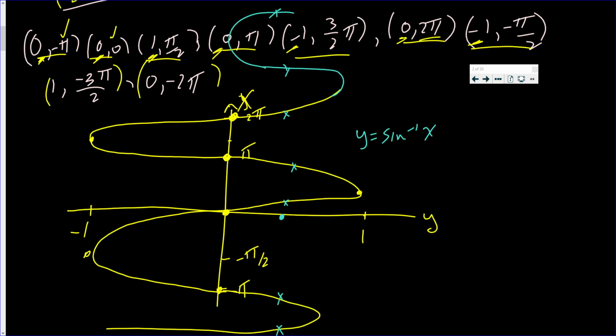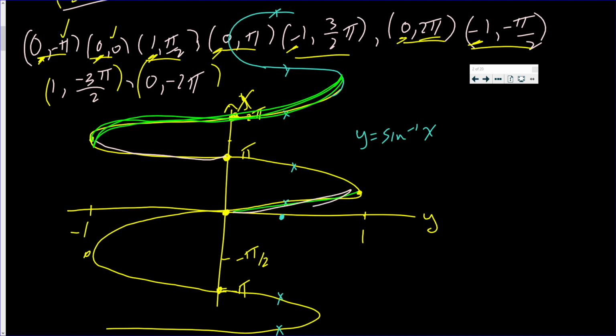Well, we want to make it a function. One way of making it a function is we can just keep this piece. Okay, that's going to make it a function. I mean, if you wanted to, you can keep this piece and this piece. That would make it a function. But we definitely don't want the two pieces to not be connected.